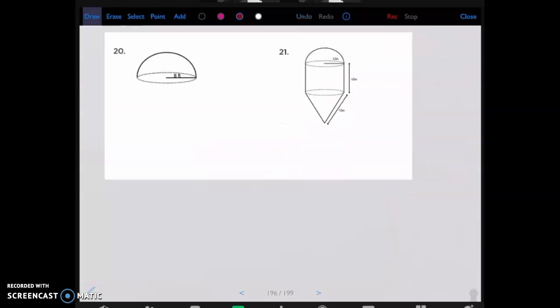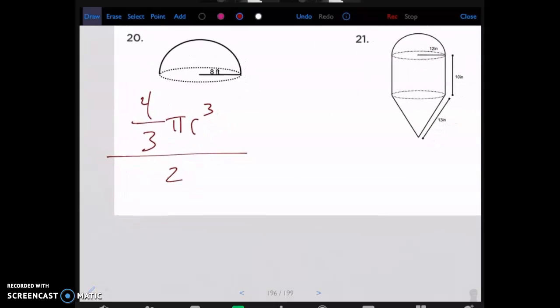It's getting easier. Hemisphere, we don't have to worry about any bases here. We don't have to add a base or anything because it's only the area I can touch. So 4/3 pi r cubed divided by 2 is going to be what I want to use for this one. So 4/3 times pi times r cubed divided by 2 because it's a hemisphere.